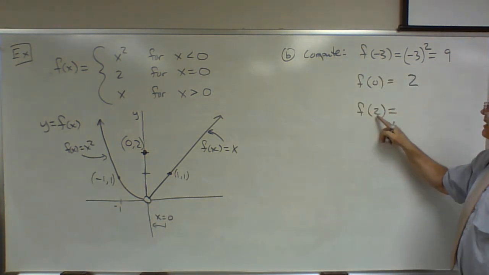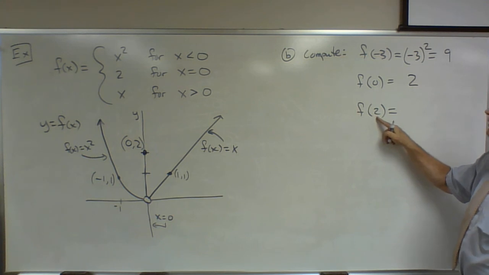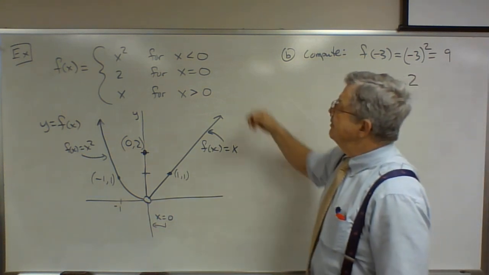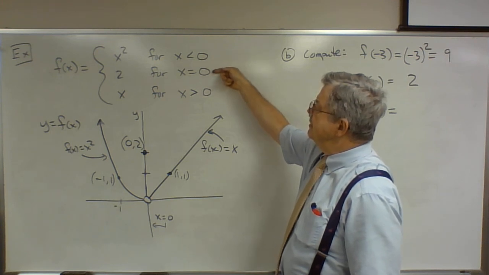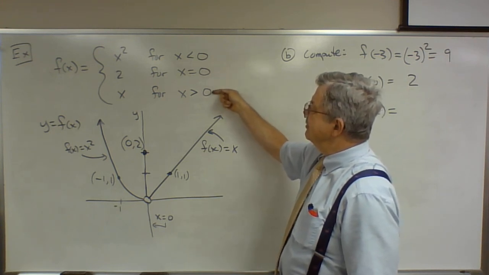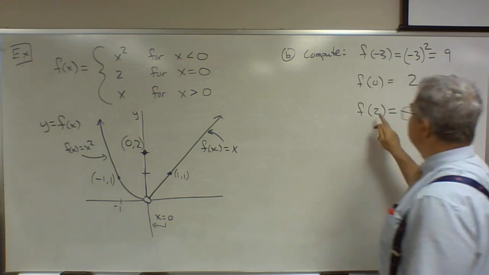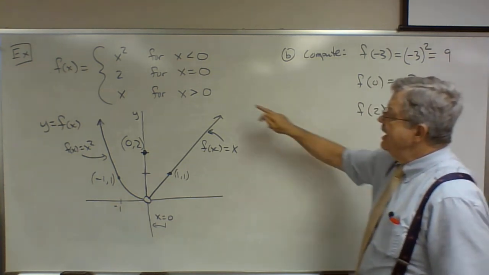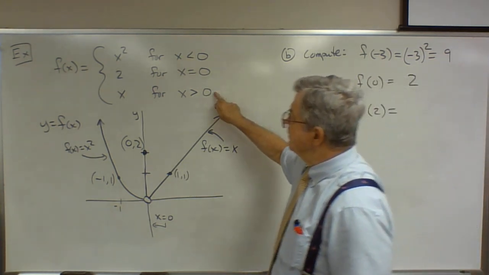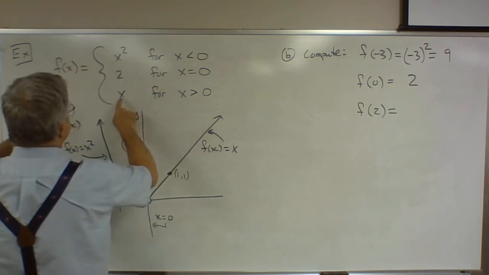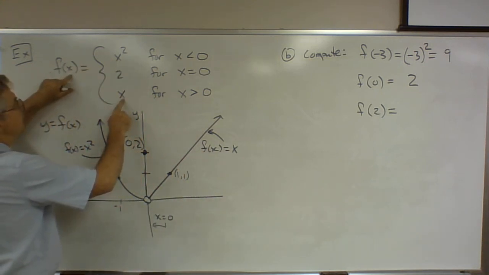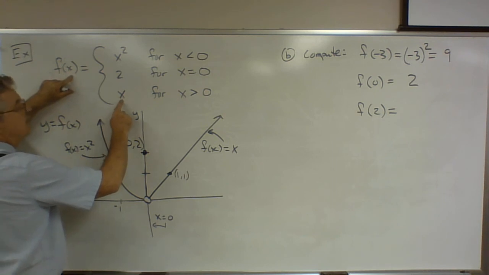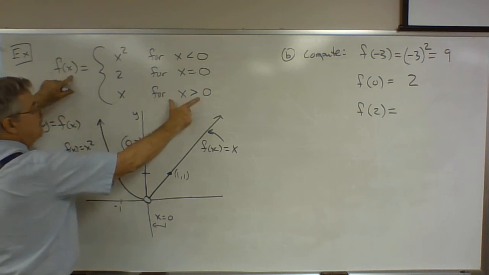And now finally this guy, x is 2. So is x less than 0? Is x equal to 0, or is x greater than 0? If x is equal to 2, x is greater than 0. So this is the definition of f of x that we use. This definition of f of x corresponds to x greater than 0.